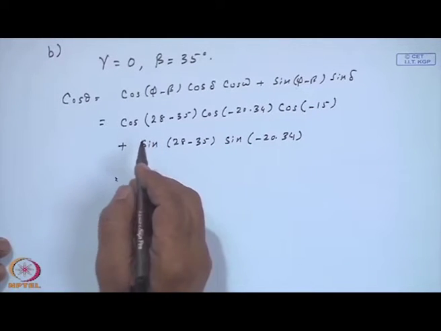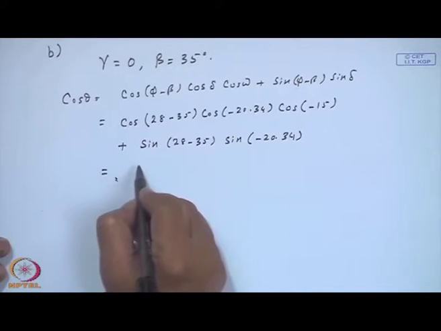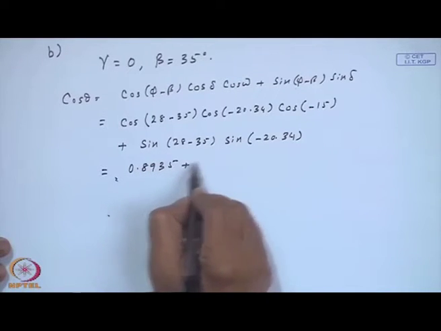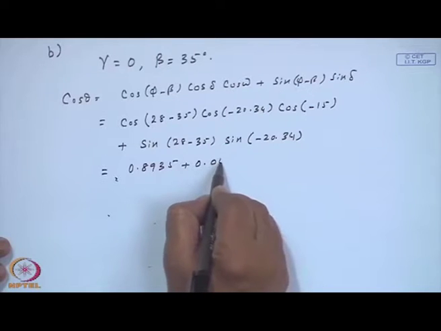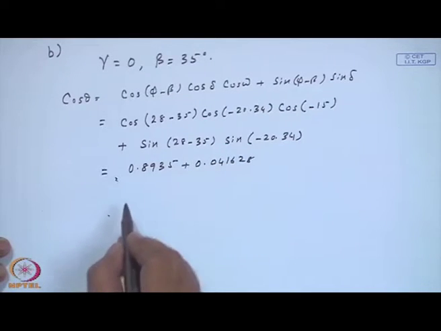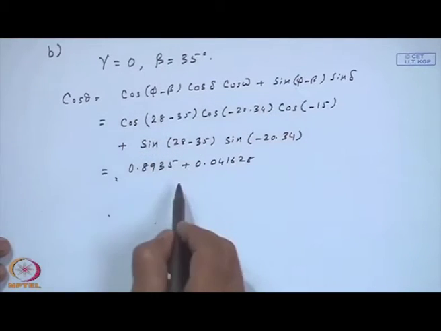So, this is equal to 0.8935 plus 0.041628. You check these numbers because I have given only the two terms over here.